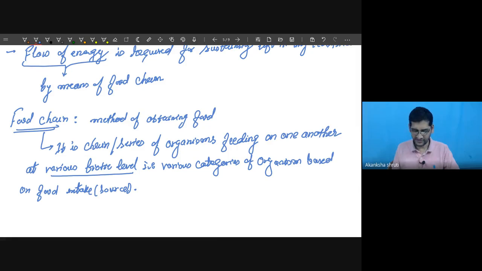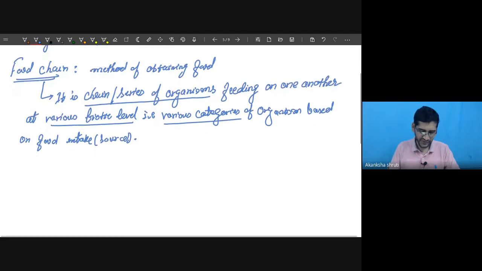So these various categories of organism are called the trophic level, and this chain or series which is formed is called the food chain.